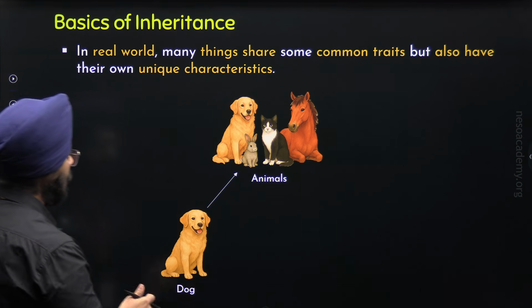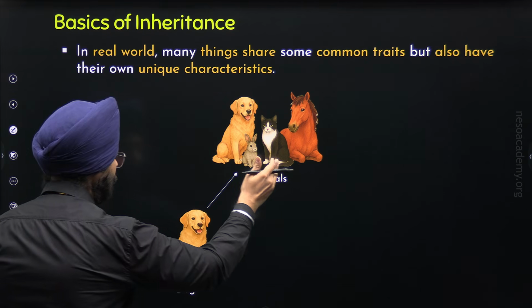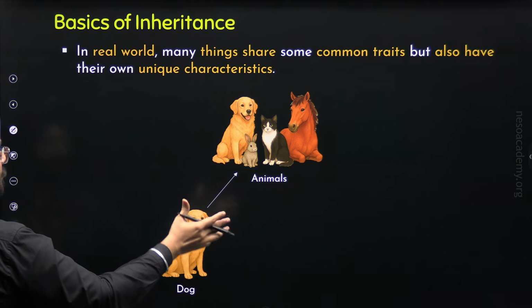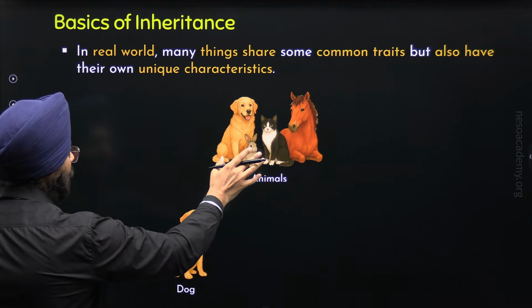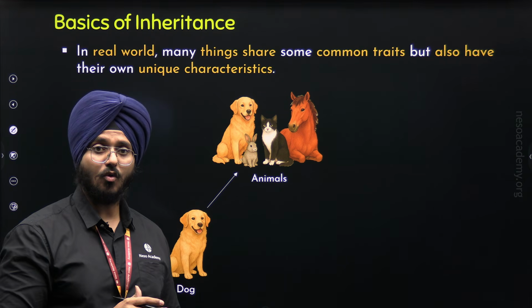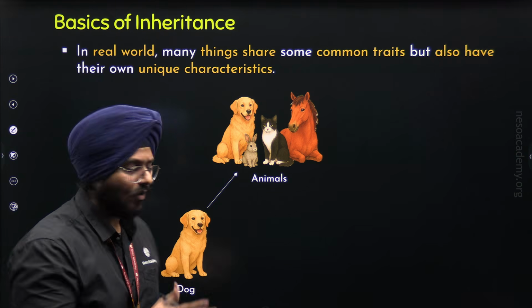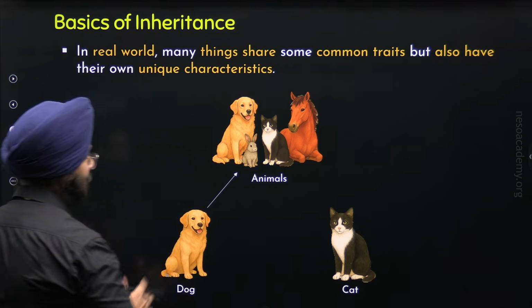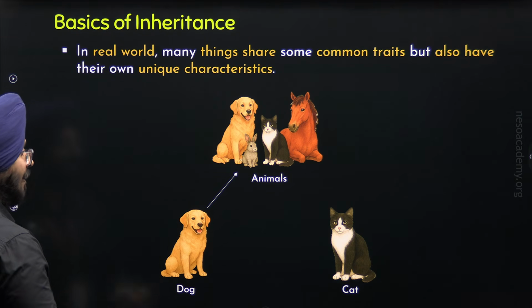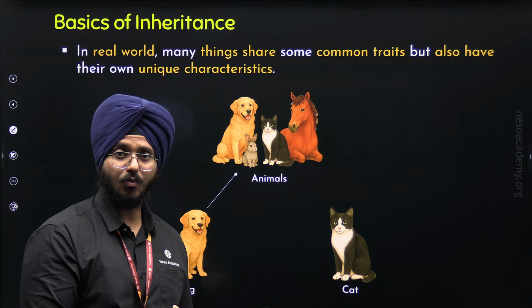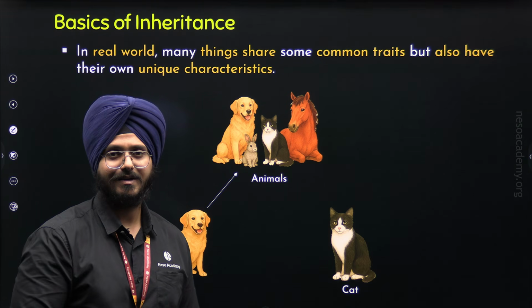When we say dog inherits from animals, this means dog has acquired common characteristics from animals. For example, dog can also eat. It can also walk. Now let's take one more example. Let's talk about cats in general. We know a cat can meow. This is the characteristic which is unique to cat.